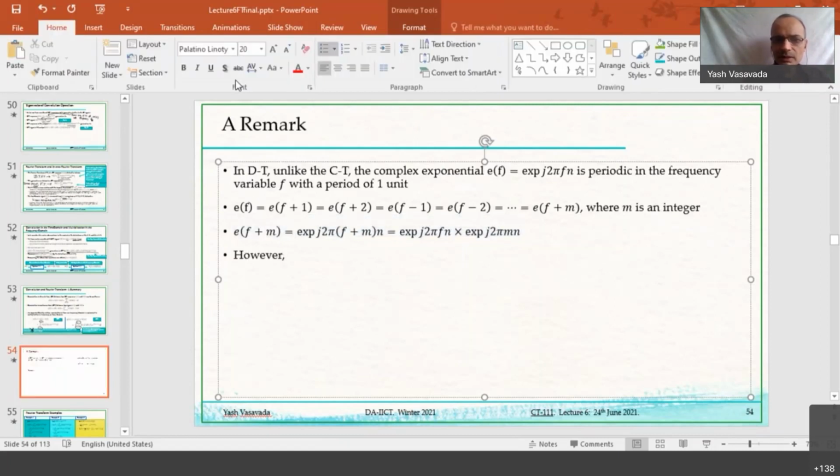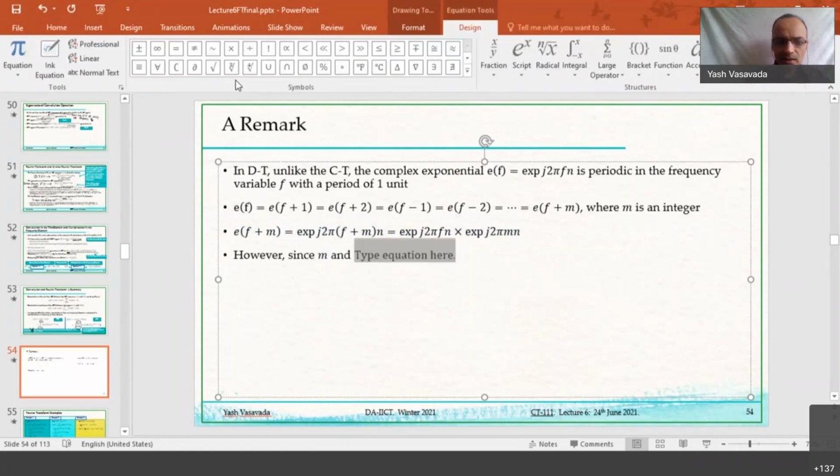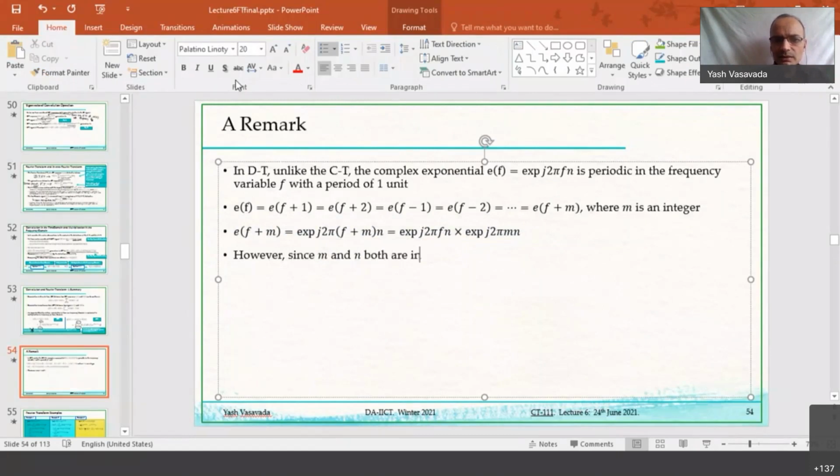However, remember that since m and n both are integers, this is essentially some integer multiple of 2 pi. So I get cosine plus j sine, which is nothing but 1 plus j0, which is nothing but 1.